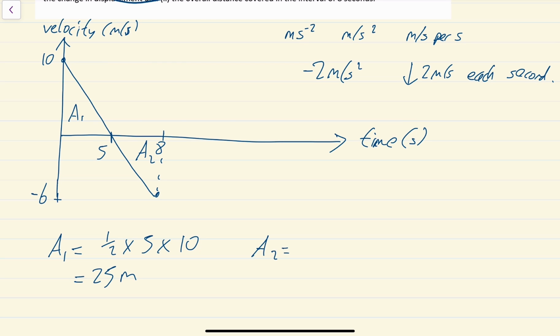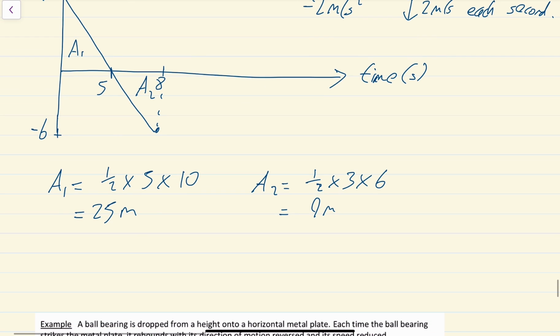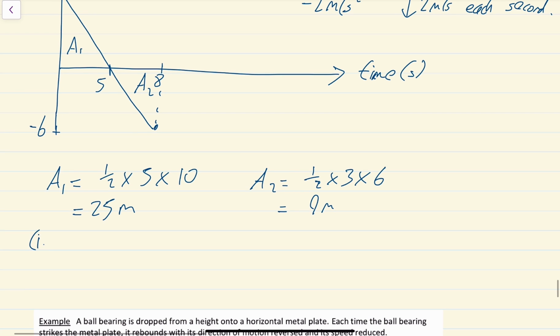My area 2 is going to be a half times 3 times 6, which is just going to be 9 meters. So these are both distances. So part 1, the change in displacement is going to be 25 minus 9, which is going to be 16 meters.